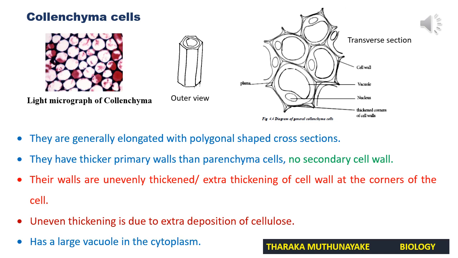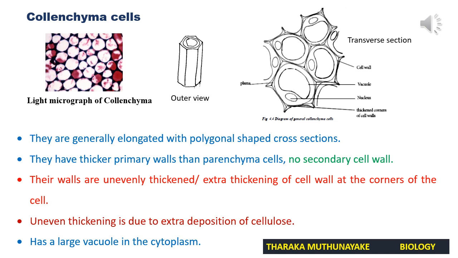Remember, there is no lignin deposition, no secondary cell wall. Extra deposition of cellulose produces this uneven thickening of cell wall at the corners of the cell. Remember again, underline that or mark it in your note. That is a unique feature which can be easily used to distinguish collenchyma even in a light micrograph.